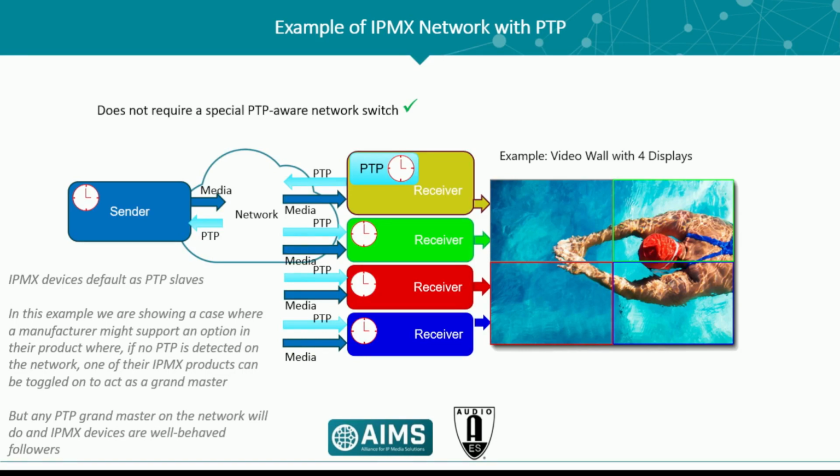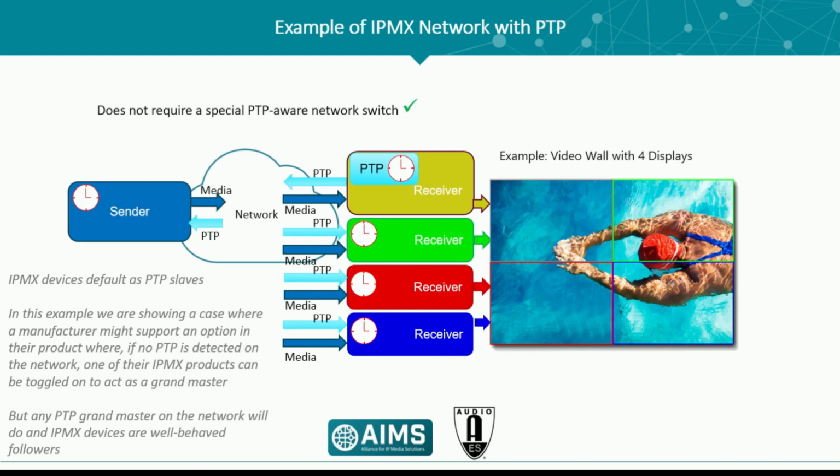So in this picture, what I'm illustrating is what it would look like in a practical application in Pro AV. So you could use a PTP signal generator on the network, and the default behavior of IPMX devices is that they're very well-behaved devices on a network. They're PTP followers. So if they find a PTP on the network, they will lock to that PTP signal and all be followers to that PTP clock.